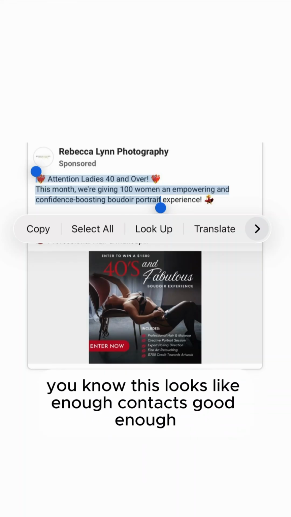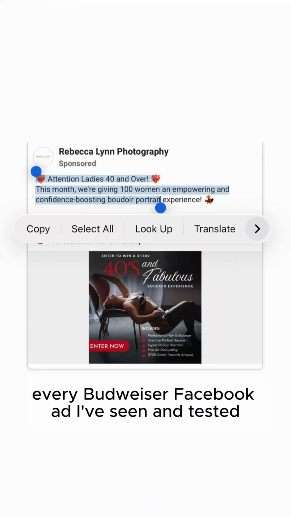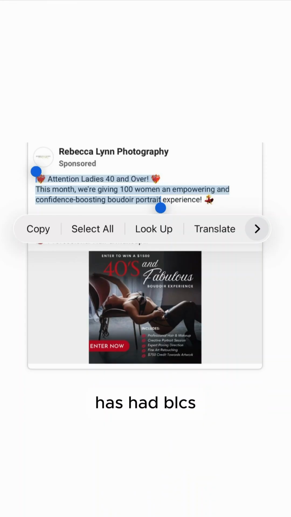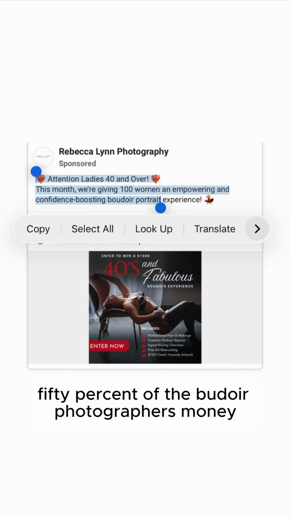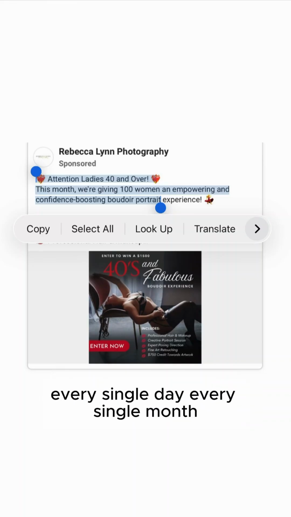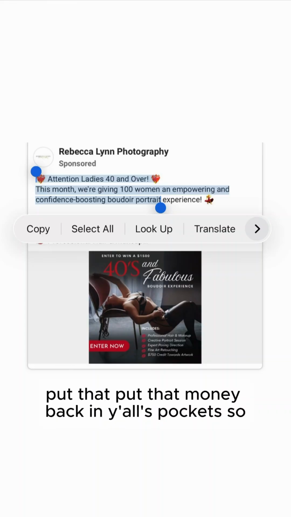This looks like enough context, good enough. But in fact, that good enough is why literally every boudoir Facebook ad I've seen and tested has had BLCS, aka Boudoir-Loclick syndrome, and is wasting approximately 50% of the boudoir photographer's money every single day, every single month. So we want to solve that, put that money back in y'all's pockets.